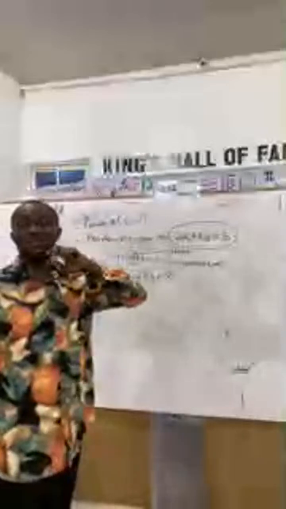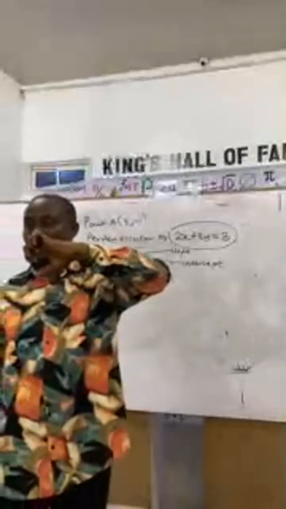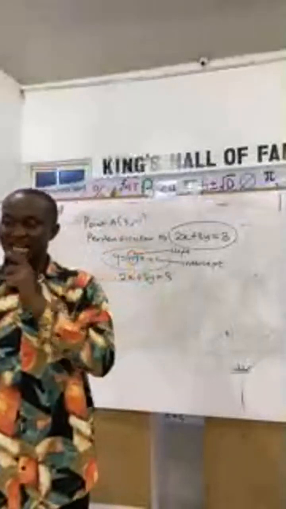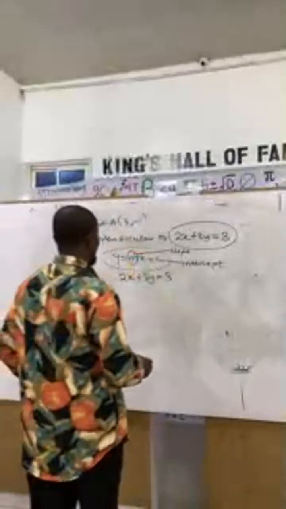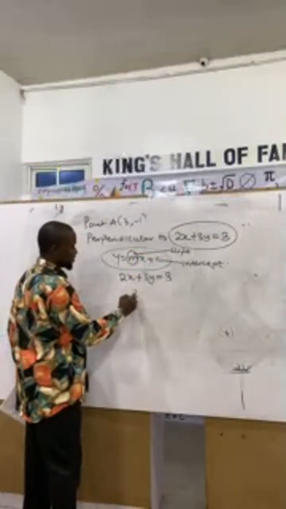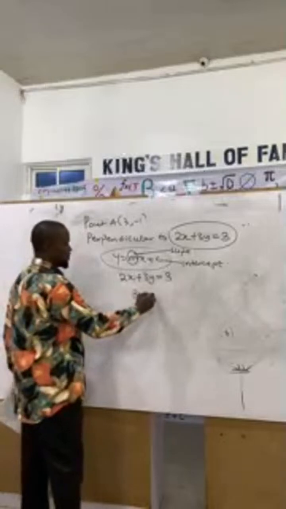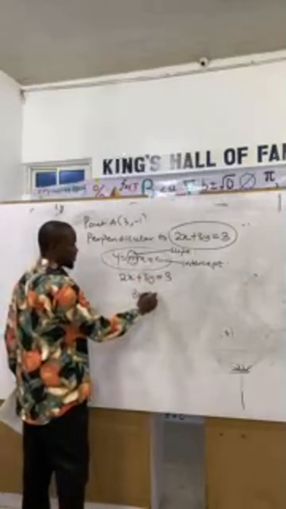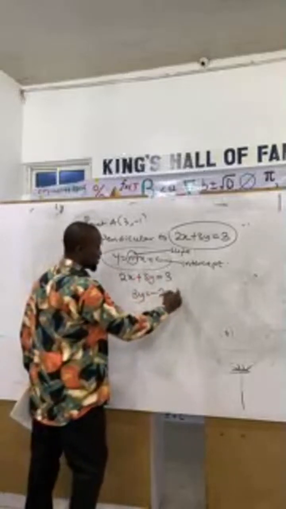So if you express this equation in such a way that we make y the subject of the formula, we are going to see the corresponding value of the slope and the intercept. So therefore from here, 3y will now be what? If you cross this over, that will be minus 2x plus 3.